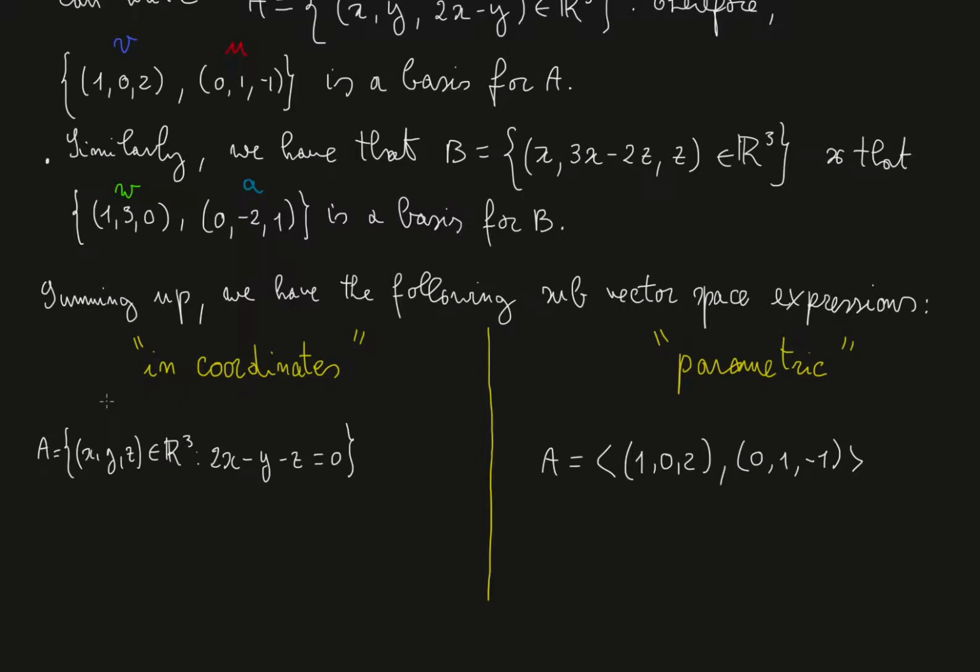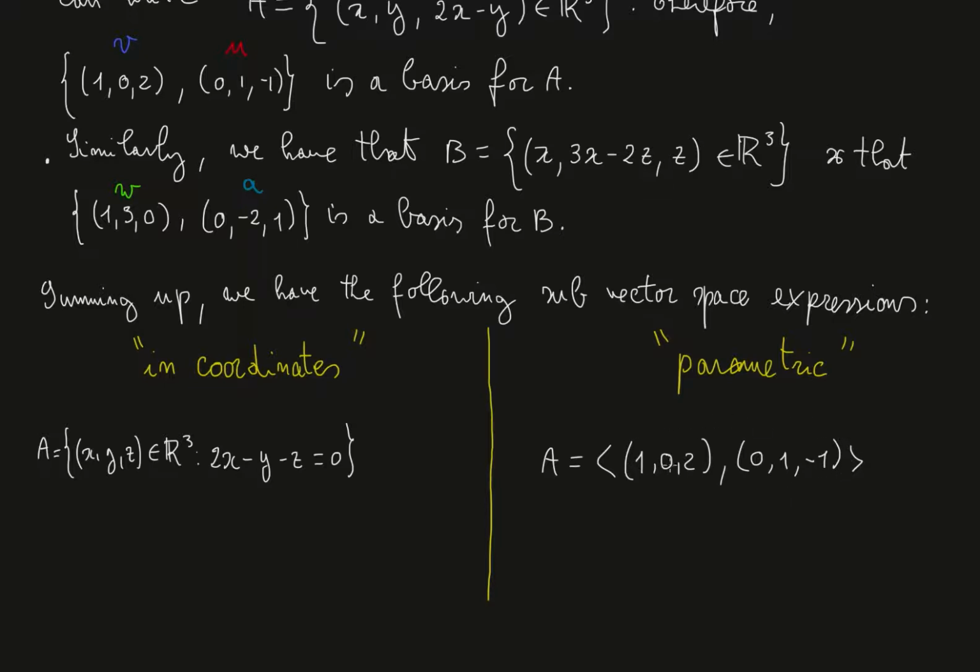Coordinates for A is the representation in which we actually see the coordinates of the vectors belonging to A. When we describe it this way, you open the curly brackets to indicate A as a set, which is why we call it in coordinates. On the other hand, here we denote A by means of a set of generators, actually a basis of A in this case.